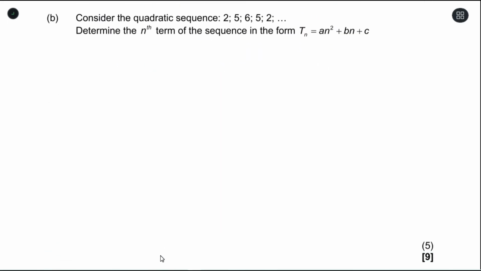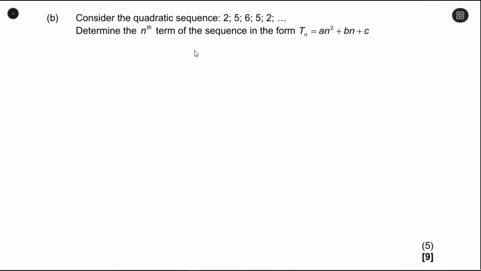Now for B, it says consider the quadratic sequence 2, 5, 6, 5, 2. Determine the nth term of the sequence in the form Tn is equal to an squared plus bn plus c. Since it's a quadratic sequence, it usually has two differences, right? And the second difference is always common, right? It's always the same.